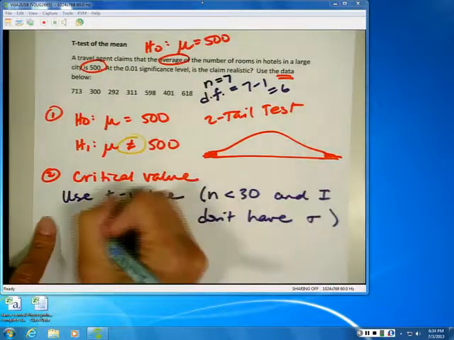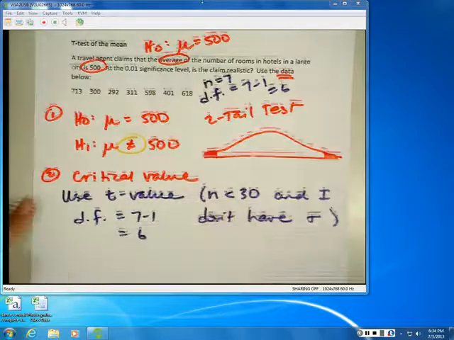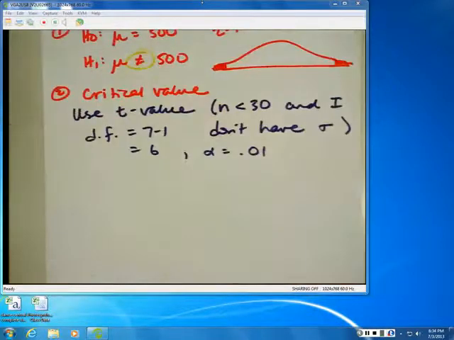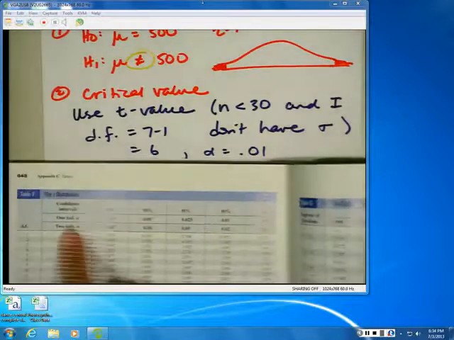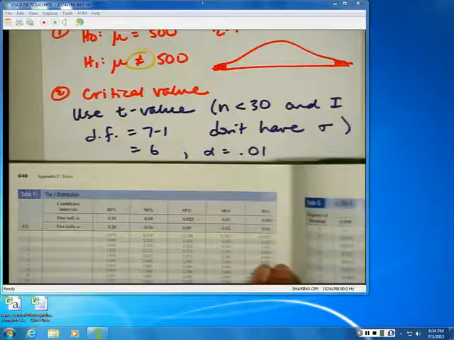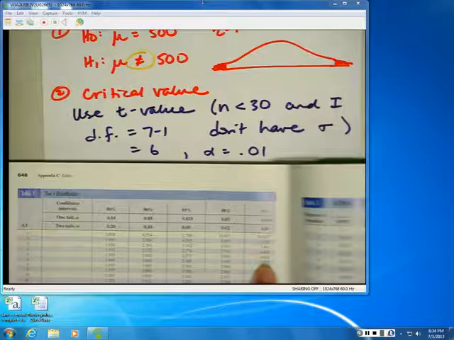And I'll bring my degrees of freedom down here. That was 7 minus 1, which is 6. My significance level was 0.01. So this goes into table F. Two-tail test, 0.01. I'm here in the last column. Degrees of freedom 6. So that means I have 3.707 for my critical value.